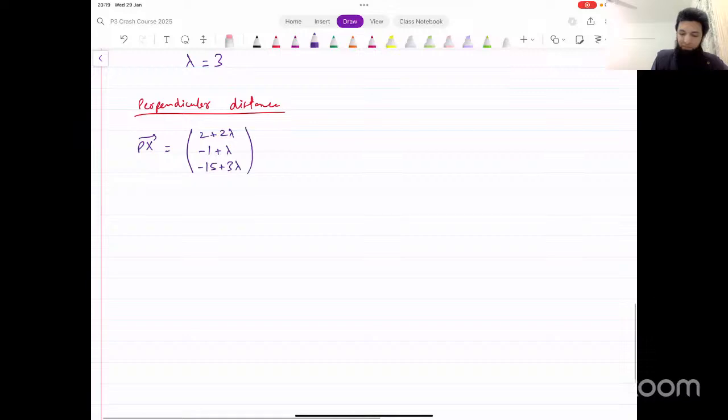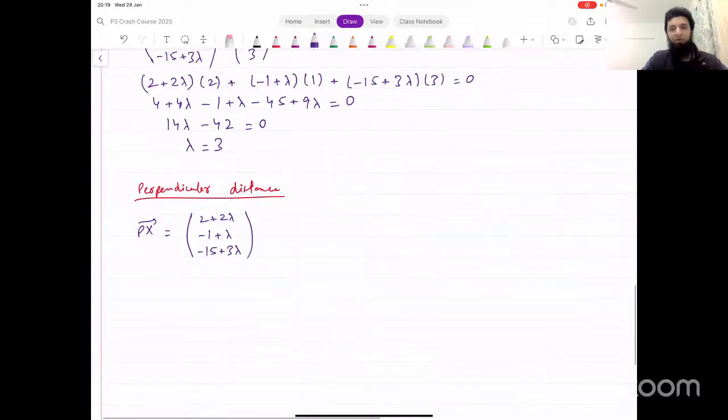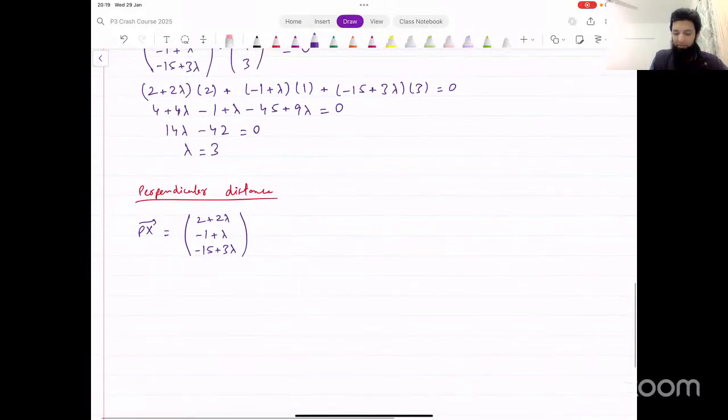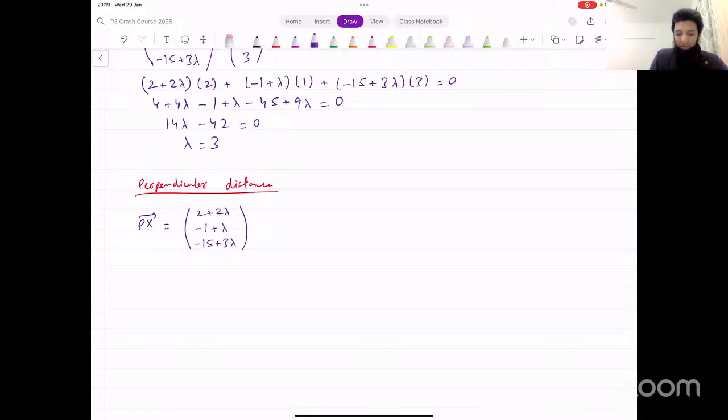This was the vector PX. Now we found the value of lambda that gives us that point X. So let's input lambda equal to 3 here. If you input lambda equal to 3, that gives us PX equal to 2 plus 2 times 3, minus 1 plus 3, and minus 15 plus 3 times 3.